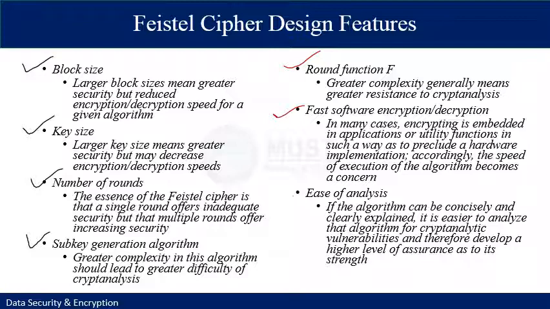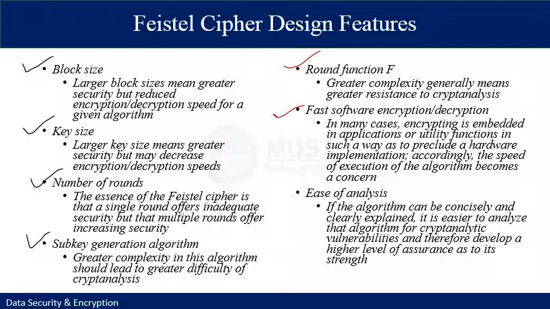In many cases, encryption is embedded in applications or utility functions in such a way as to preclude a hardware implementation, so the speed of execution of the algorithm becomes a concern. That means your hardware and software should match each other, therefore increasing the speed of your algorithm.